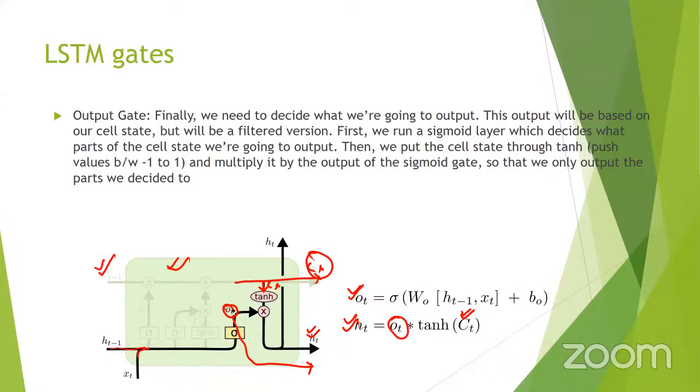The hidden state Ht will be calculated by multiplying this Ot with the tanh of my current cell state. And this gives me my hidden state. So you can see your hidden state is related with your cell state itself, depending on how much to remember from the current cell state and how much to forget.